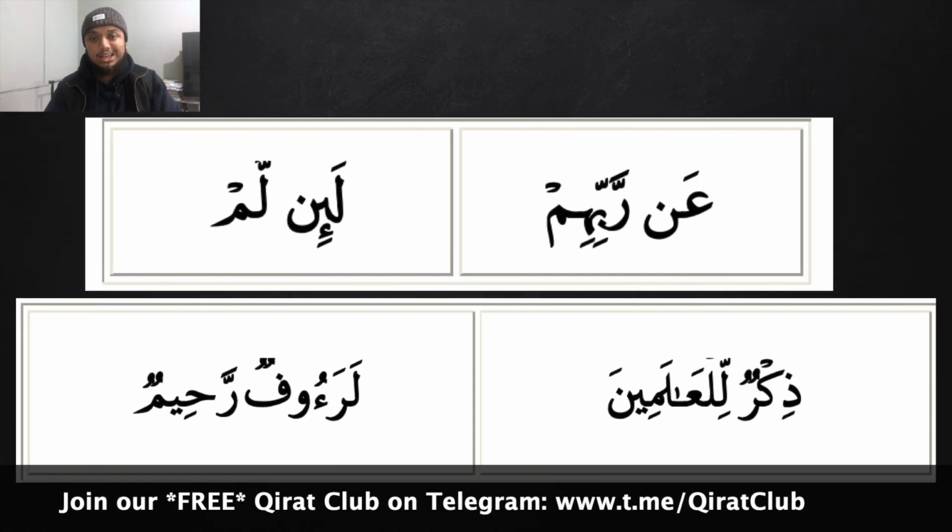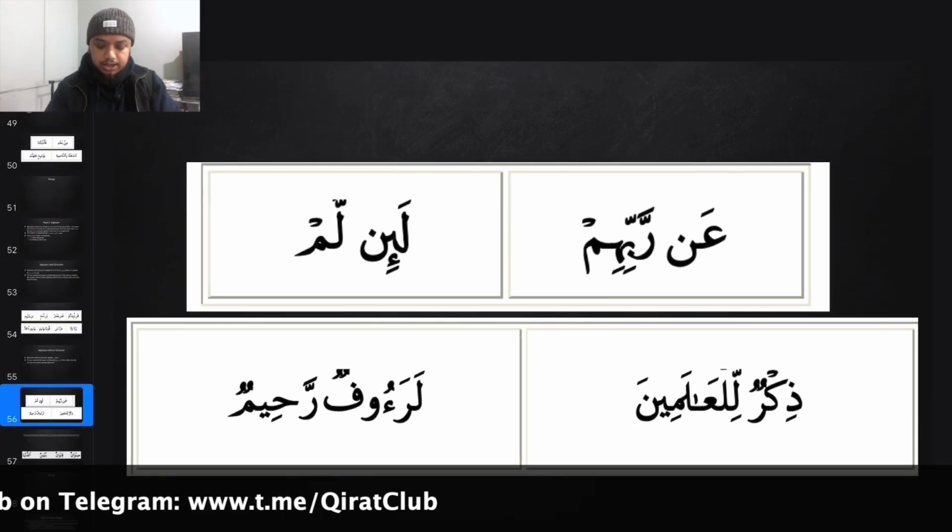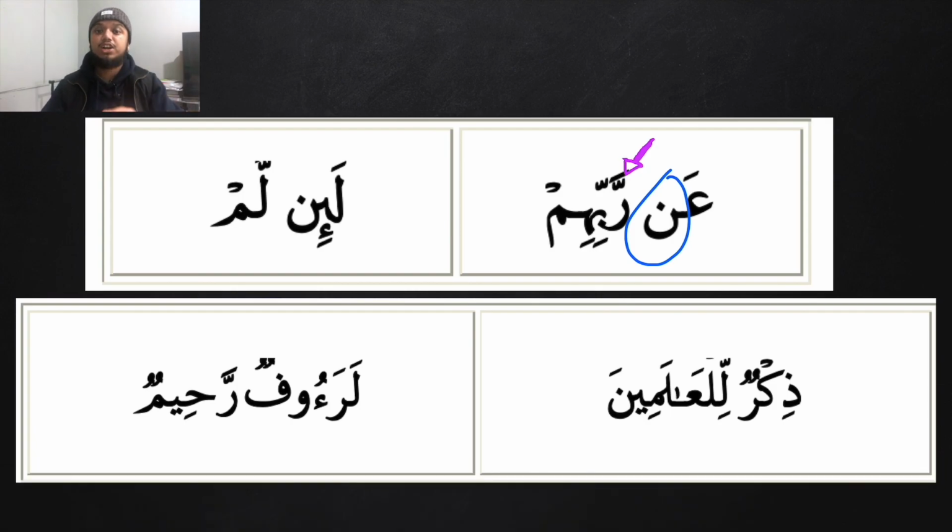So we have an rabbihim. We have noon sakina here, and oh look, it's followed by a ra. Ra is one of the 6 yarmalun letters, ya, ra, lam, mim, waw, noon, but it is not one of the 4 yanmu letters.